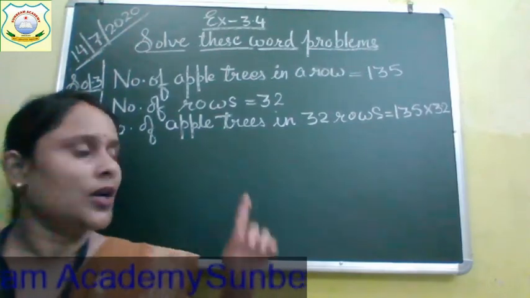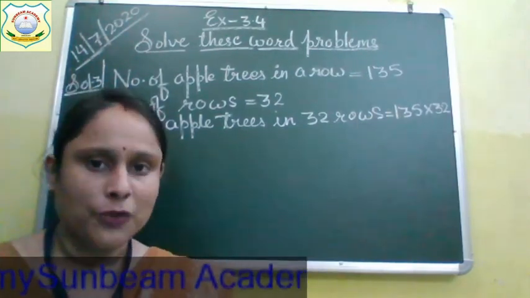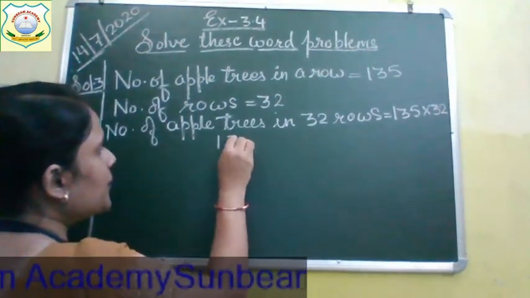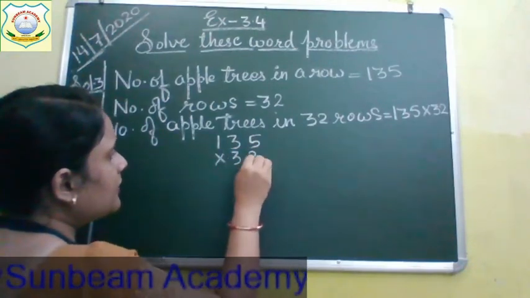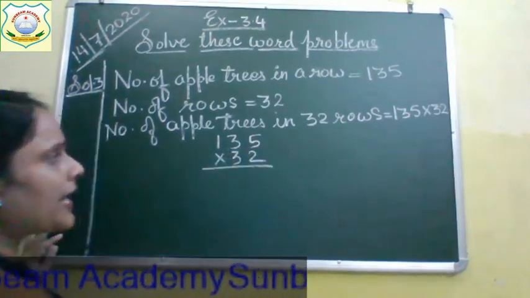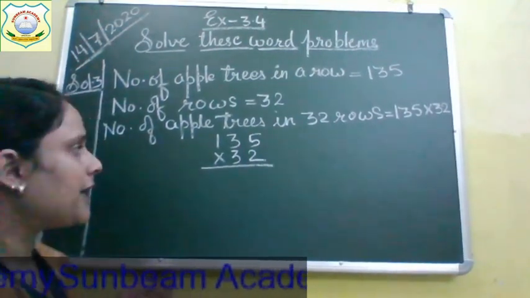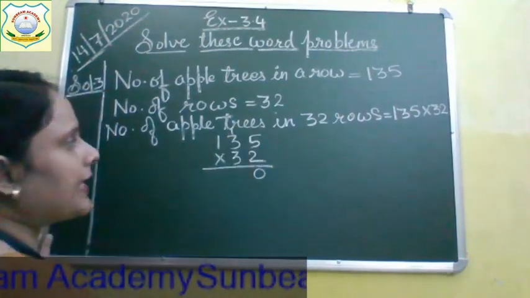Okay? So after it, children, what do we have to do? We have to multiply 135 into 32. Let's multiply and see the answer. First, we will multiply 2 to 5. 2 5s are 10. We will get 0, take 1 carry.